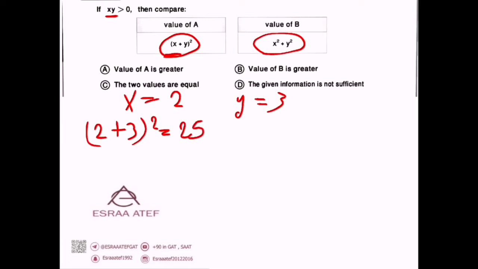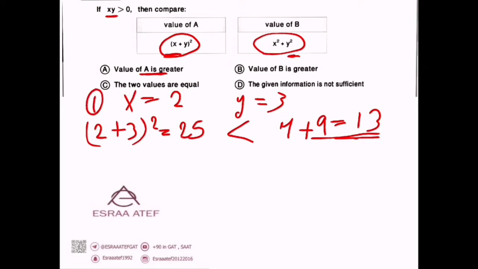Here x squared is 4, plus y squared which is 9, so 4 plus 9 will be 13. So we should say that the value of b is less than the value of a, or a is greater. Okay, it's the first supposing.